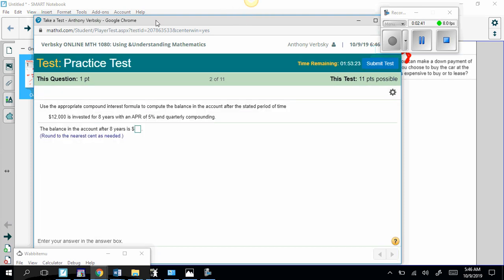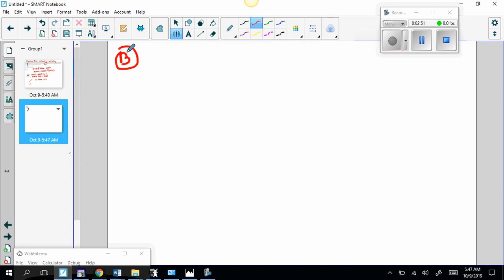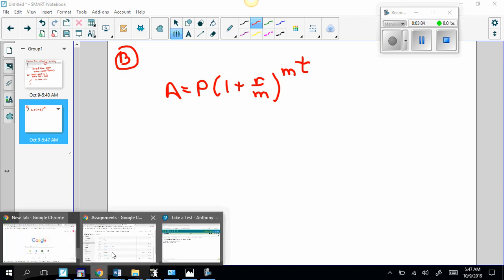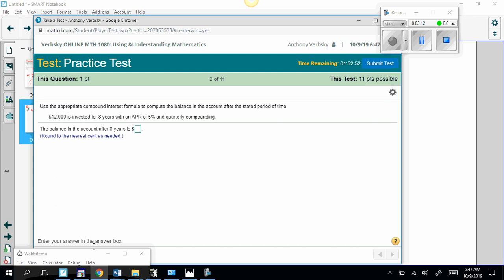We got 12,000 invested, APR, quarterly compounding. This one here, I'm gonna get on this. So this is problem B. You got A equals P times 1 plus R over M to the MT. Let me close these other windows. 12,000, 8 years, 5%.